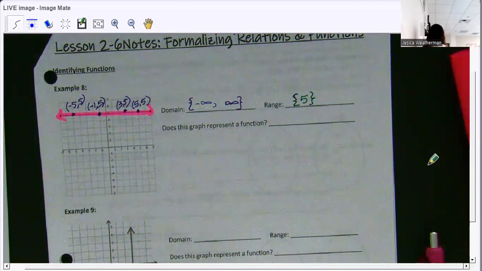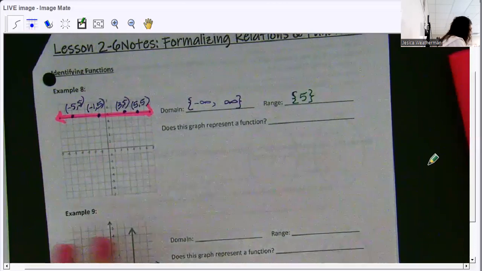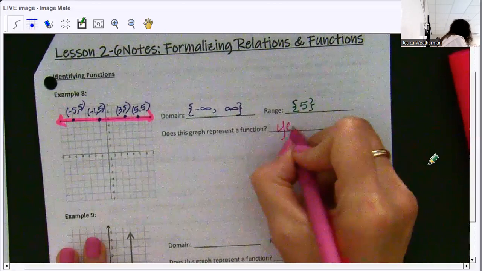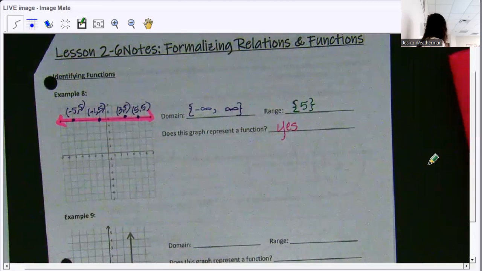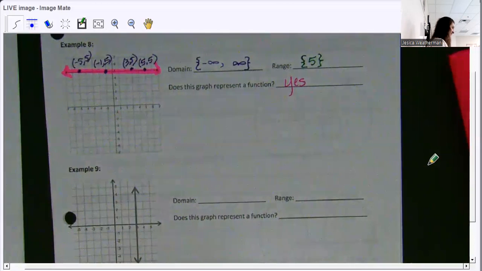Okay, so is it a function or a non-function? Yes. Your x values don't repeat. They all have exactly one y. Your y can repeat as much as it wants, right? But not the x. It passes the vertical line test. That's another reason. Very good.